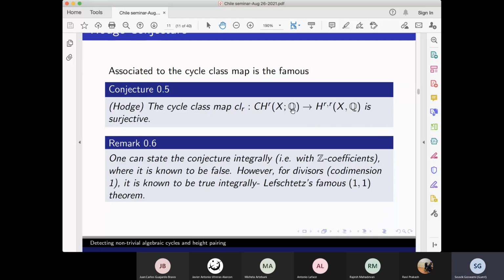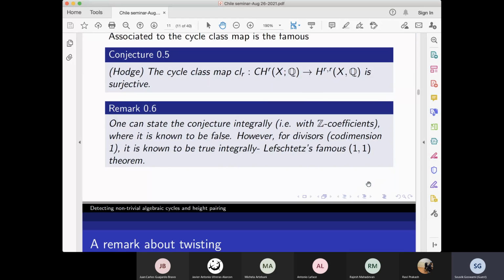So forget about tensoring with Q. He also showed this for the torsion case, so in some sense it's even stronger. But Lefschetz, I think, didn't know about the Hodge conjecture, and later people probably told Hodge that the case r equals 1 is already done.